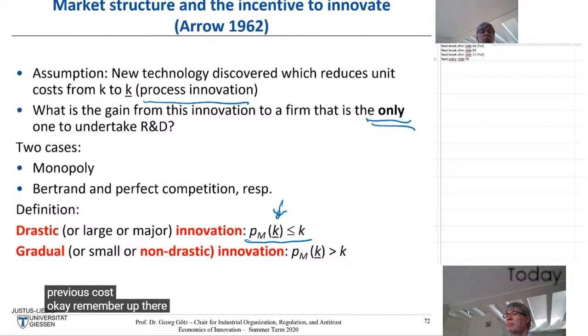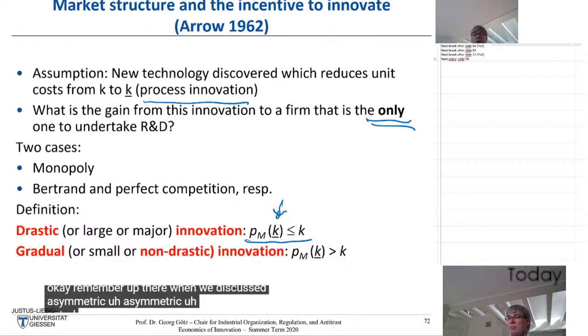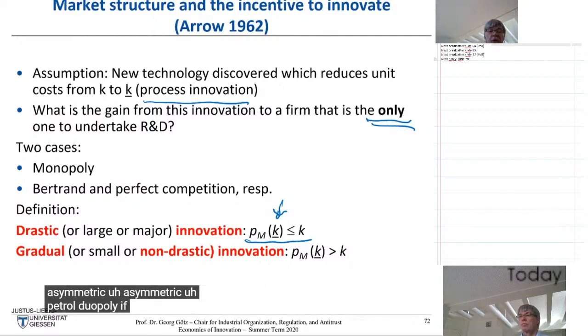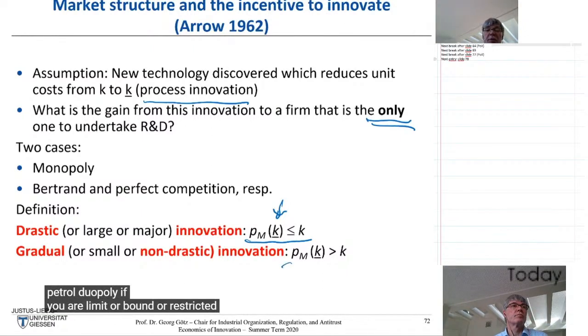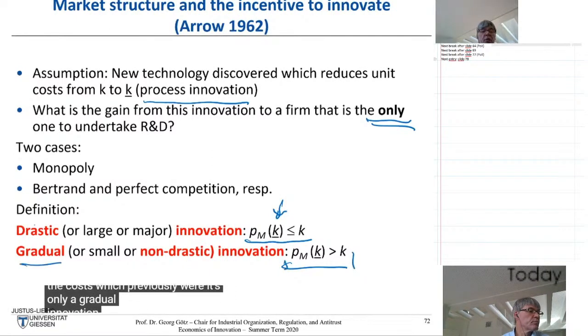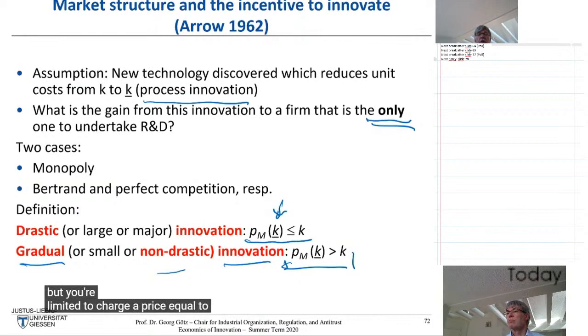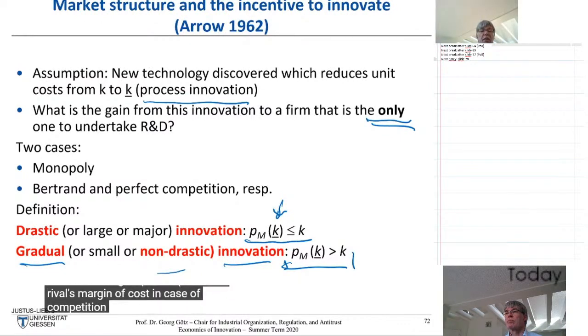Remember, when we discussed asymmetric Bertrand duopoly, if you are limited or bound by the costs which were there previously, it's only a gradual or non-drastic innovation, because you cannot set the monopoly price given the new cost, but you're limited to charging a price equal to the rival's marginal cost in case of competition.